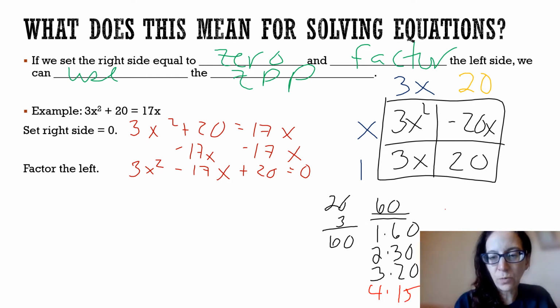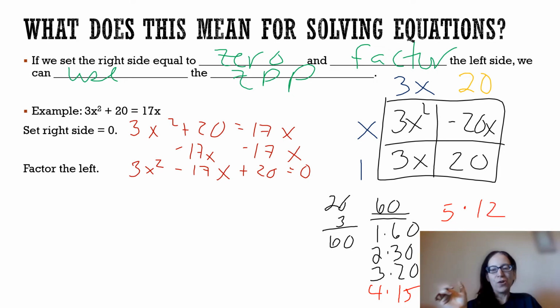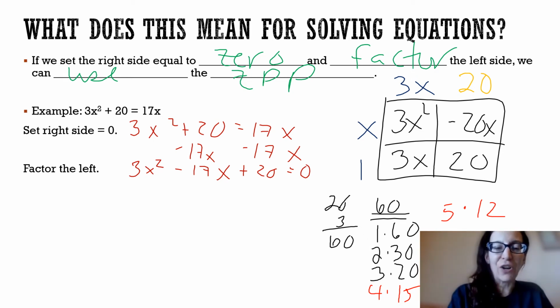But then the next one is 5 times 12. And that will also get me the 60, and I can get the 17. So what happened there was there's actually 2 pairs of numbers that I could use to get the 17, and I picked the wrong one, and I didn't catch it until this didn't check.